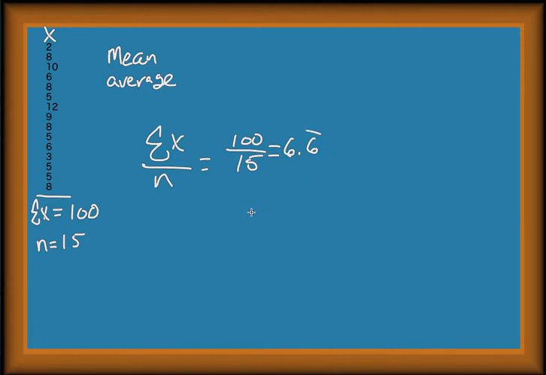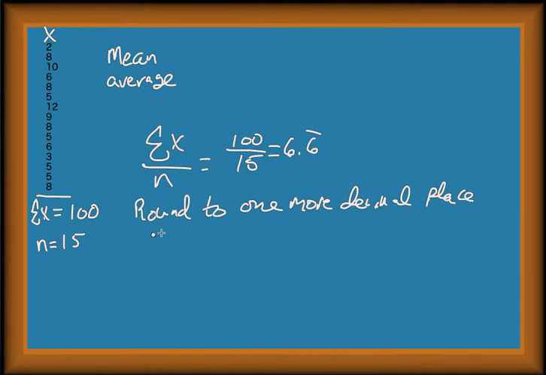Now, it starts to occur to us, maybe it's important how we round this mean, and it is important. The rounding rule for the mean is to round to one more decimal place than occurs in the raw data.